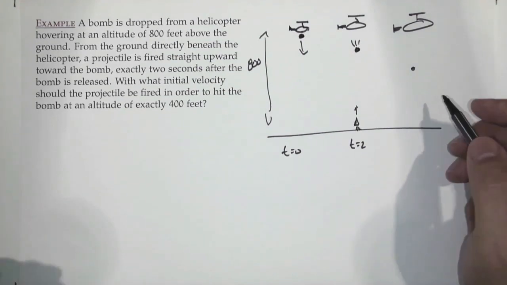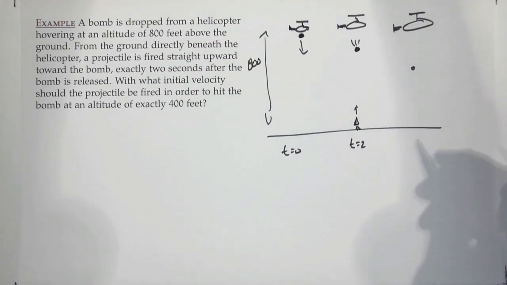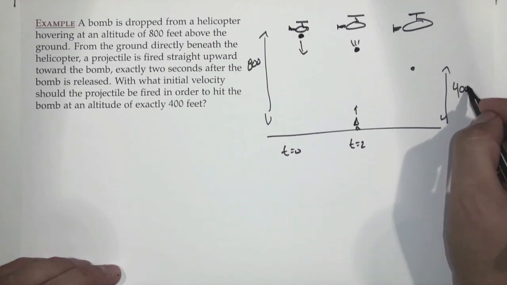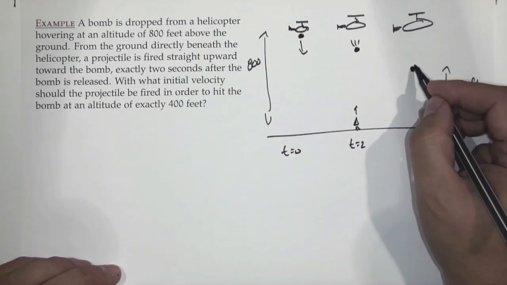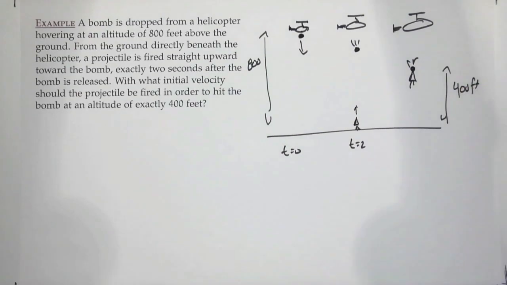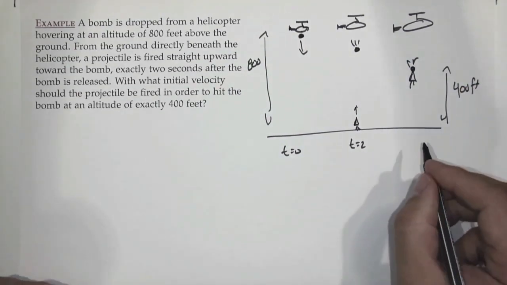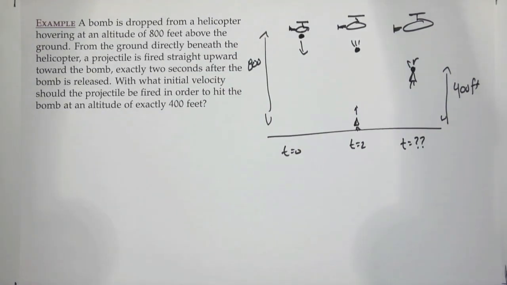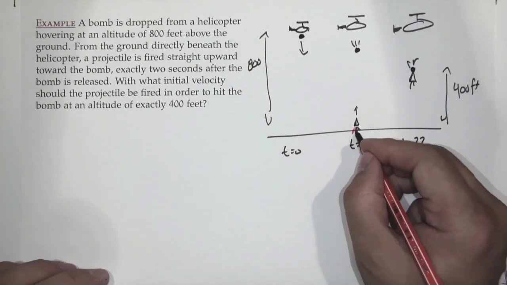Okay. They still want to hear more. When you get to this point right here, 400 feet, the bomb and the rocket collide, and you make a beautiful explosion. And then the question, of course, is how do you fire the rocket so that this actually happens?